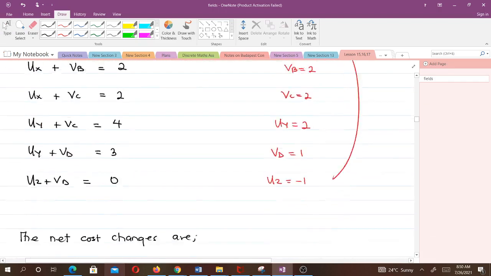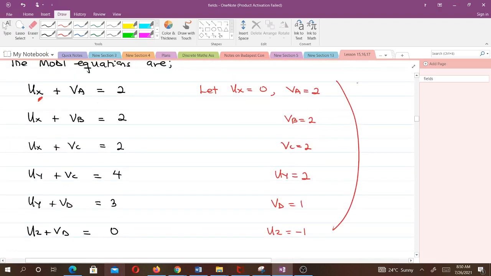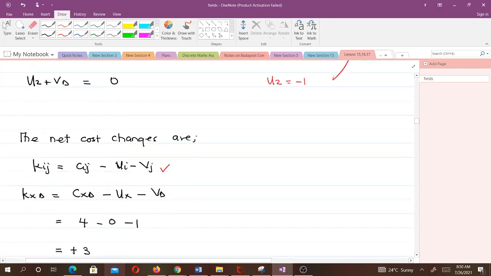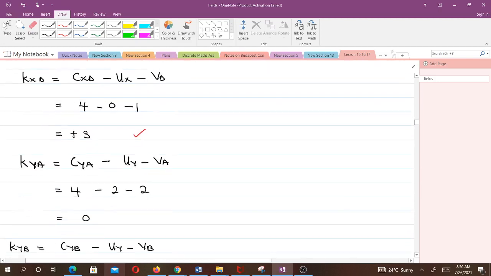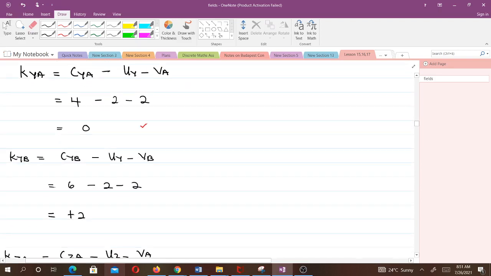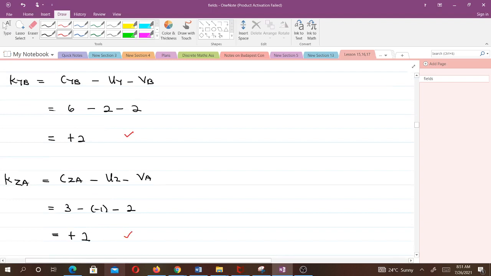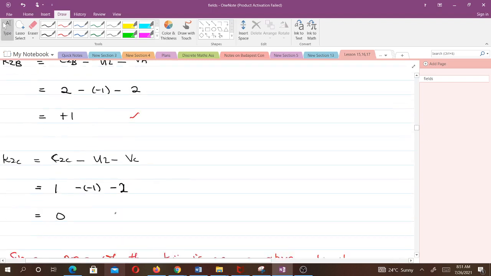Then the ux and vd were computed from here. We make that substitution and we get plus 3. We do that for the rest of the empty cells. So the empty cell kya will give us 0, kyb will give us plus 2, kza will give us plus 2, kzb gives us plus 1, and kzc gives us 0.